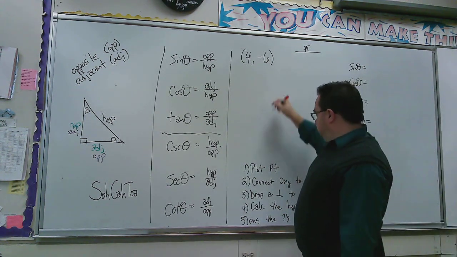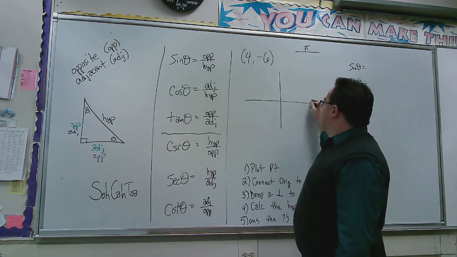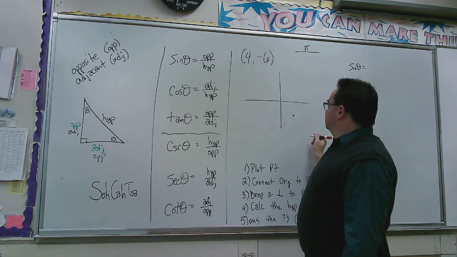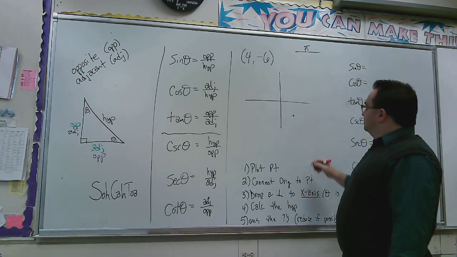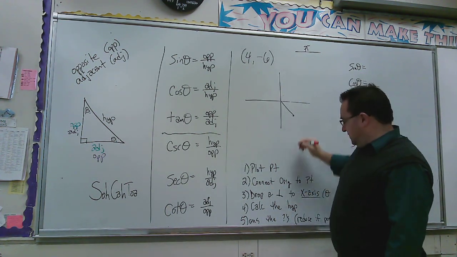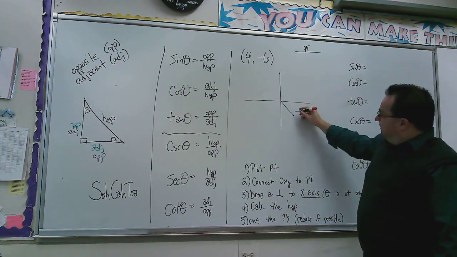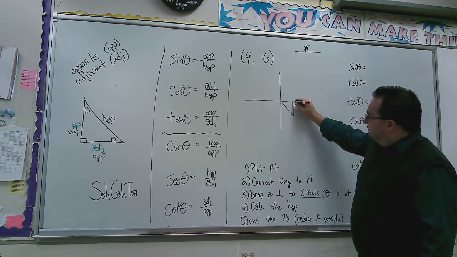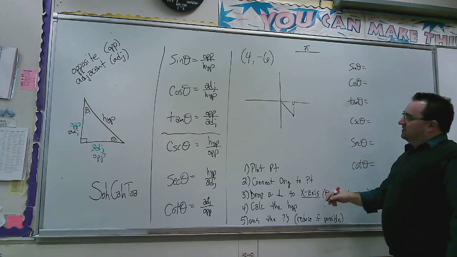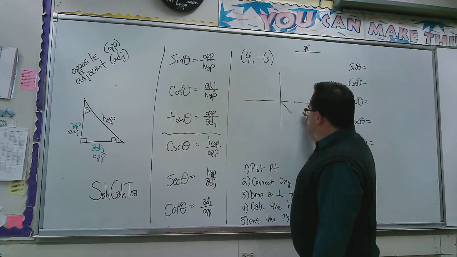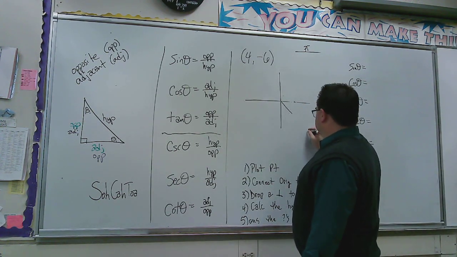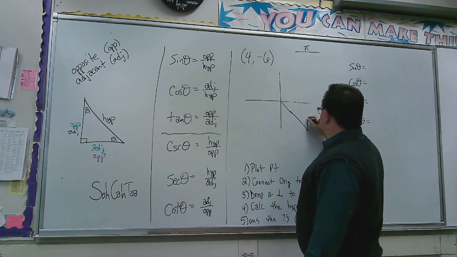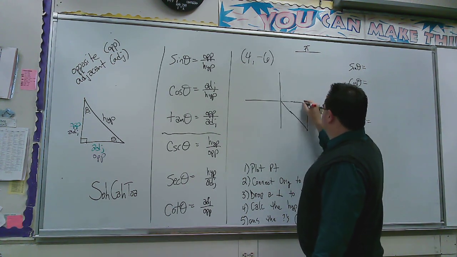So the first thing I do, plot the point. 4 minus 6. Connect the origin to the point. Drop a perpendicular. Well, this isn't quite dropping, but we're going to the x-axis. You know, I'm going to make that bigger. 4 minus 6. Right?